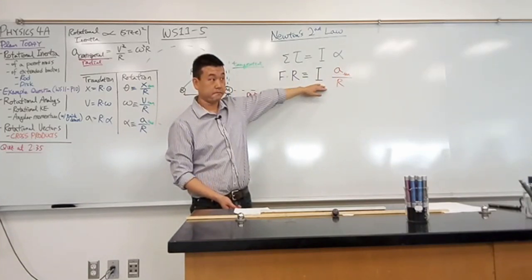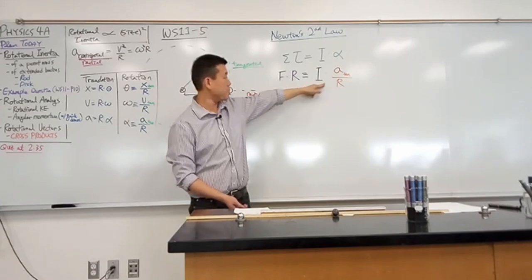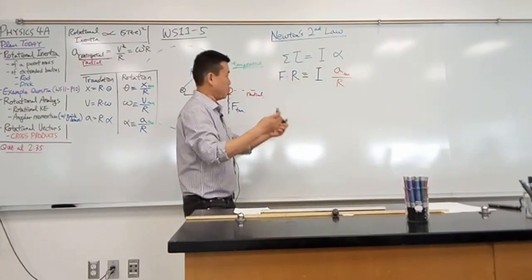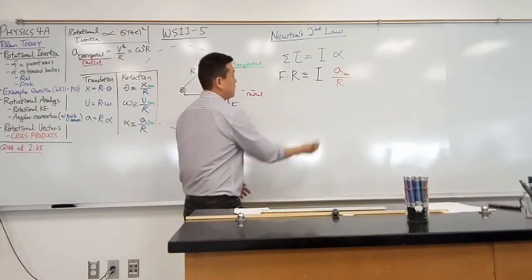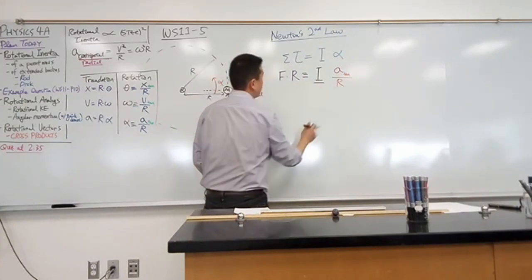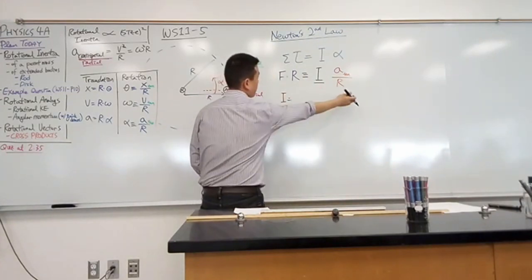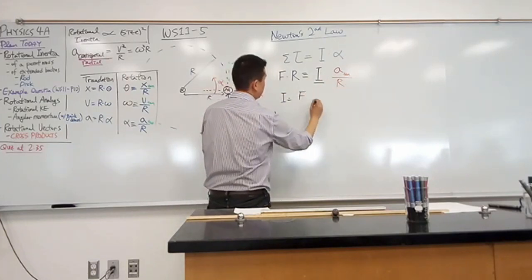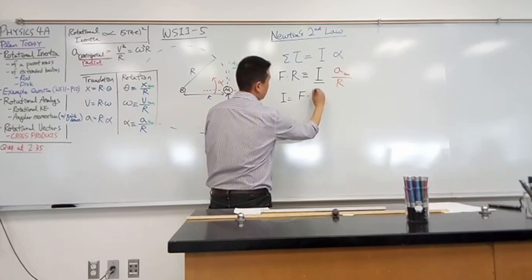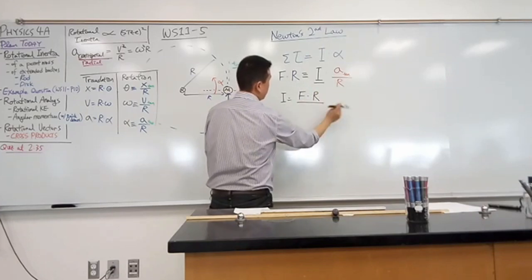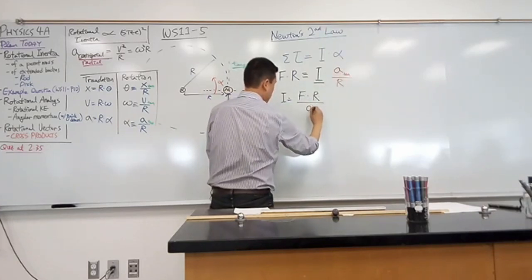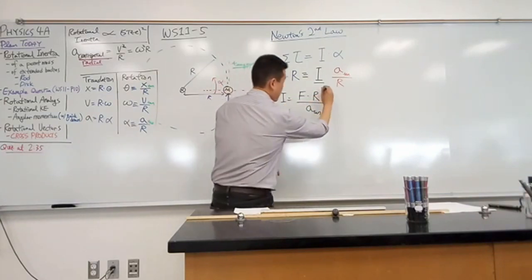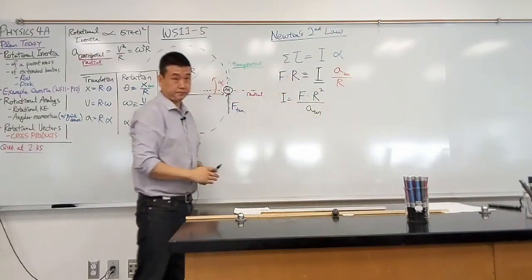So I'm going to just solve it algebraically. Let's just solve for it and see what we get. So rotational inertia I, just moving everything over, is force times the radius divided by the tangential acceleration, and the radius goes in the numerator, so I'm just going to write it as squared.